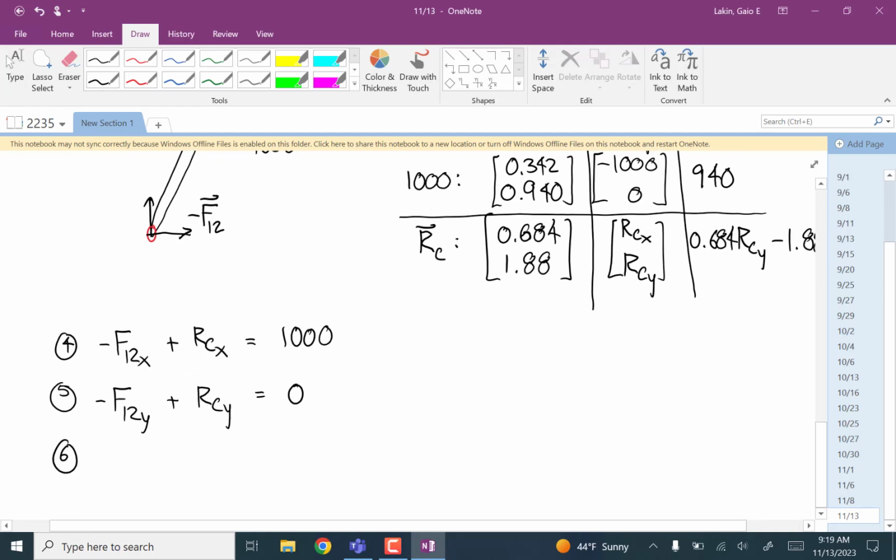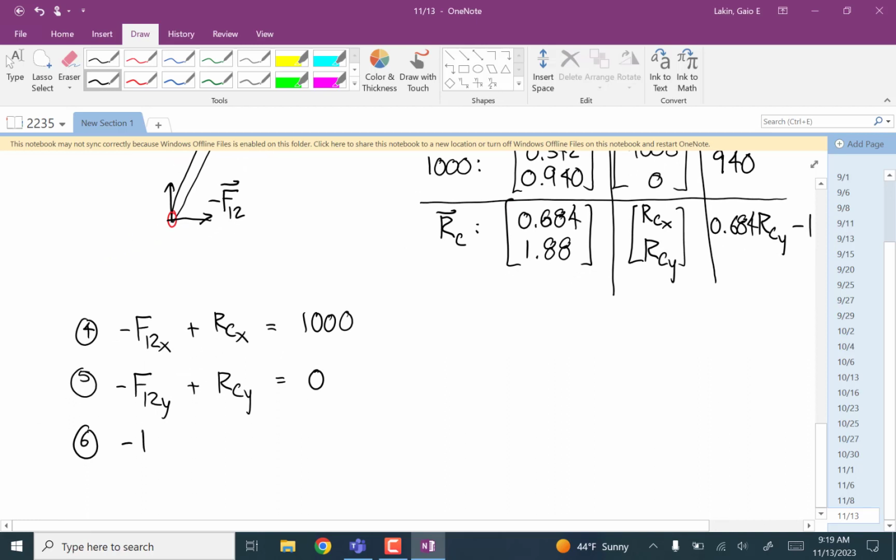And then equation 6 says negative 1.88 RCX plus 0.684 RCY is equal to negative 940.